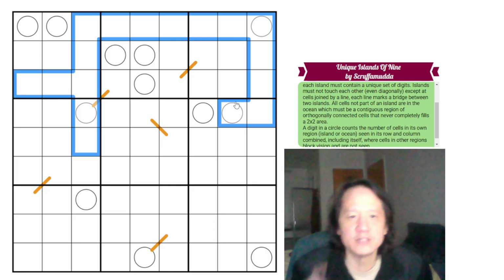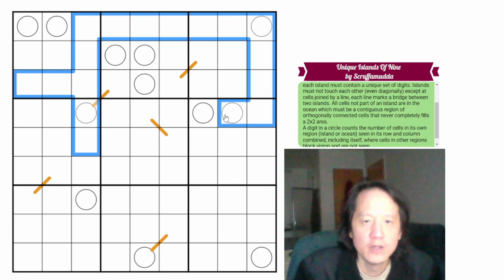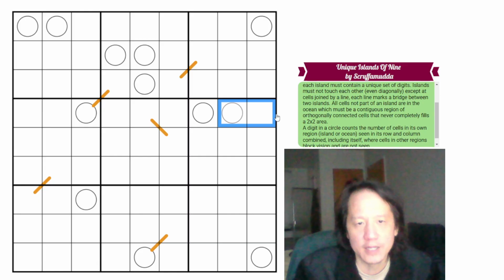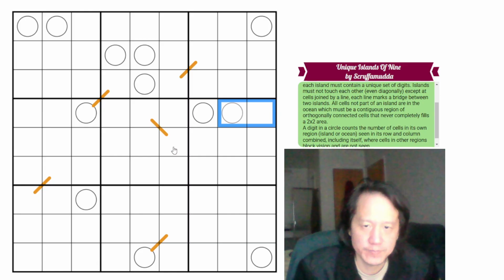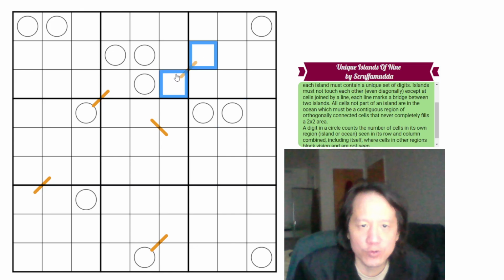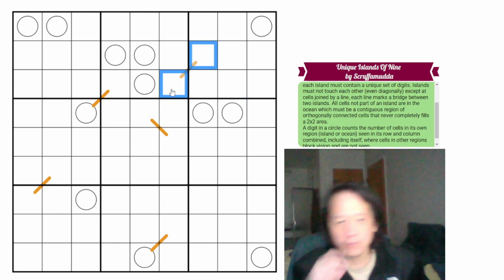Orthogonally connected means that they just share an edge. So these two cells are orthogonally connected. And islands cannot touch each other except for these bridge areas.